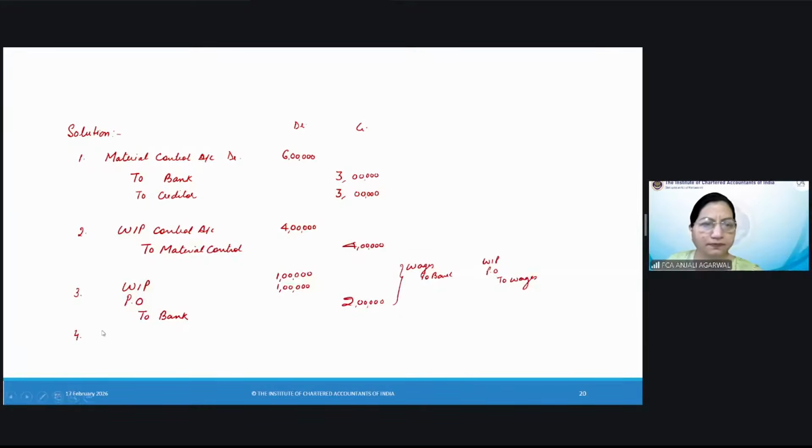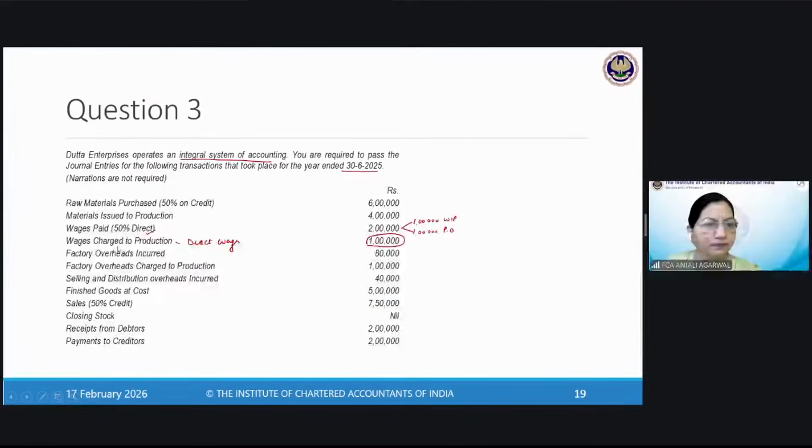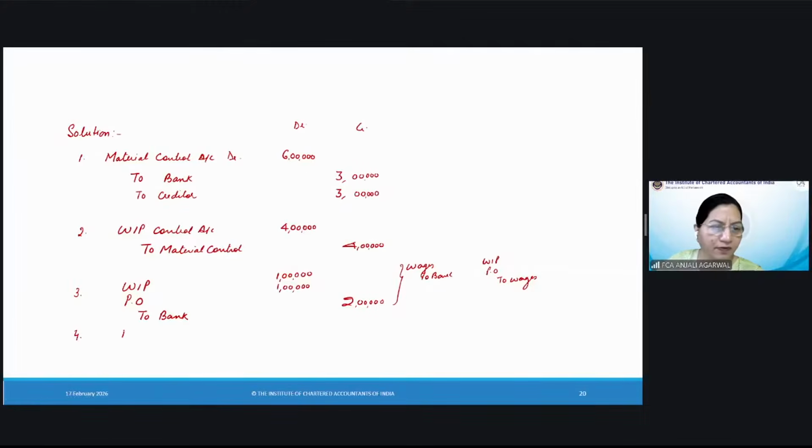Fourth, production overheads incurred 80,000, which is production overheads to bank 80,000. But there is an over absorption.